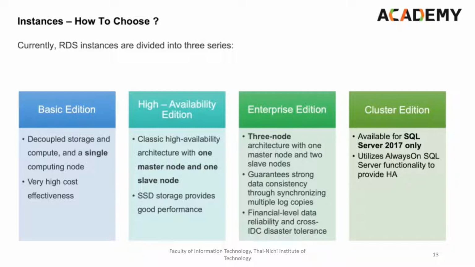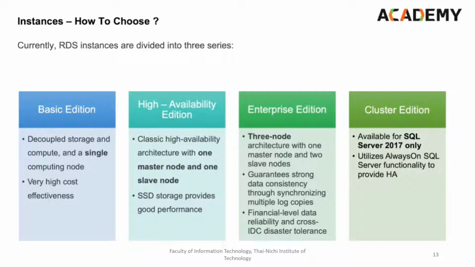And when it comes to the high availability edition, unlike the basic edition, it has 2 nodes. That is, one node will act like a master, and the other node will act like a slave, that is, a subordinate node. So this will increase the availability of the database instance.